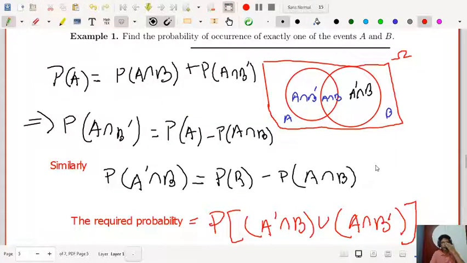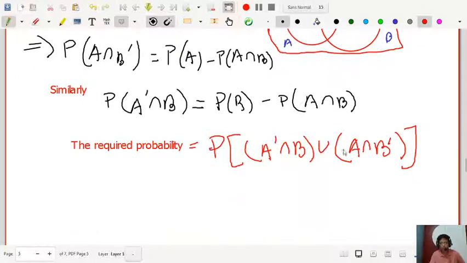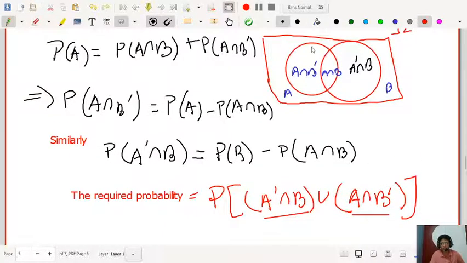You look at that, exactly one of the events A and B. So that implies this union this, either this part or this part.